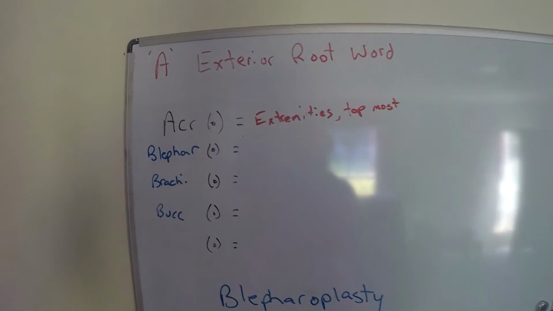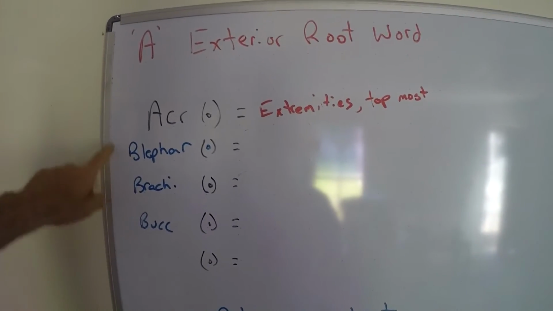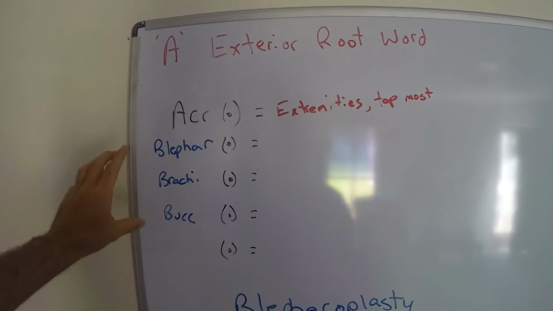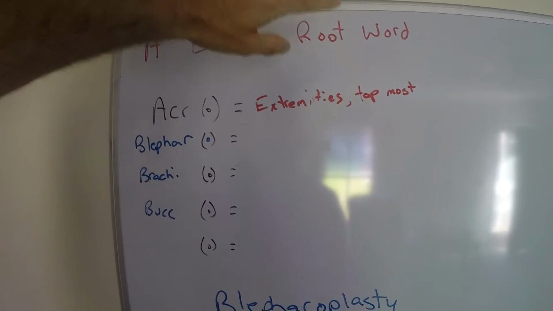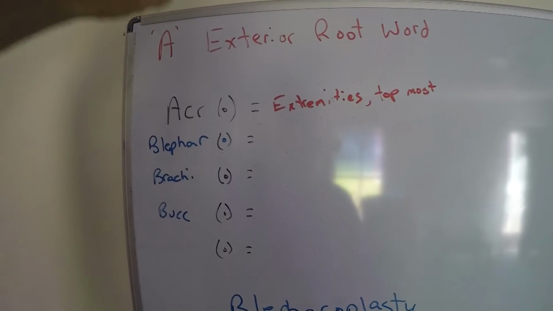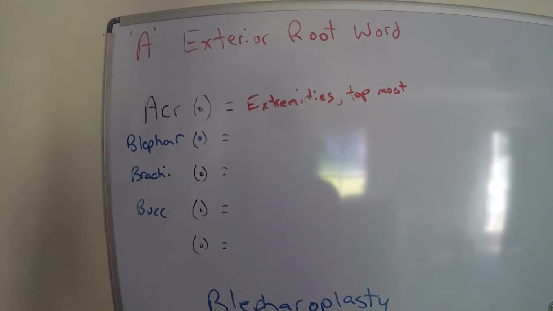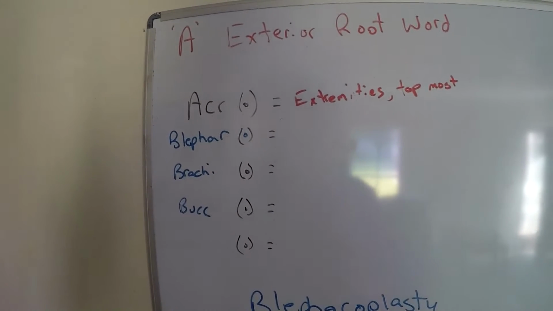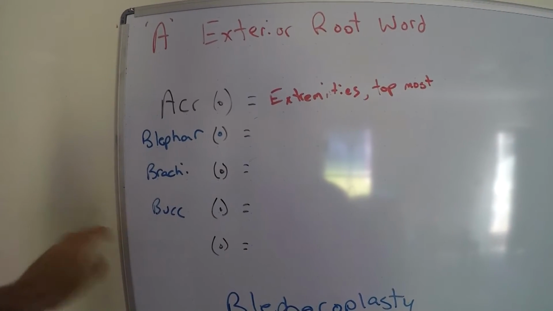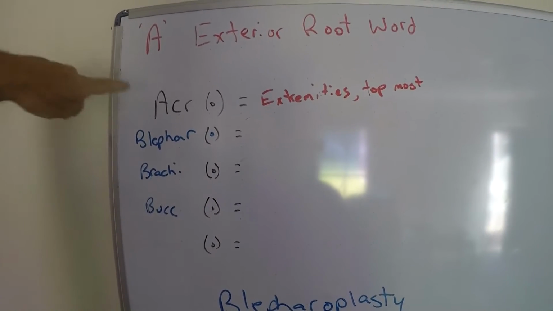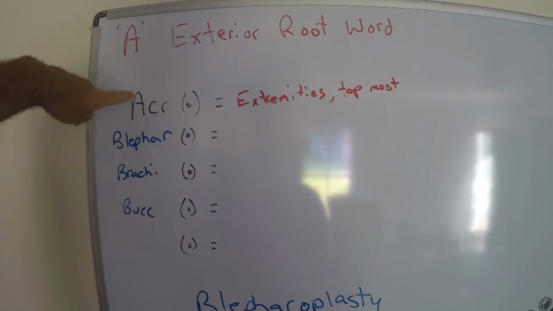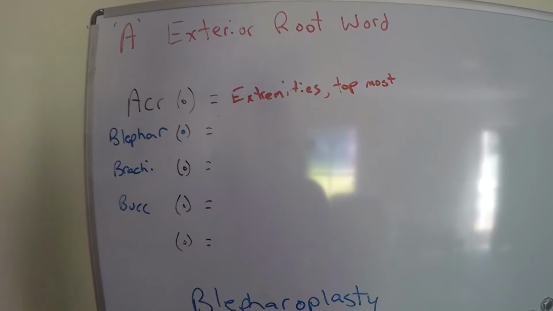All right, guys, let's take a look at the B words. These are the 3 most common B words that you're going to see as root words in the medical field. Now, we are still staying with the exterior, meaning the outside of the body. Okay? So I'm going to let you take a look at these 3 words. Now, notice that I kept this A root word up. Why did I do that?